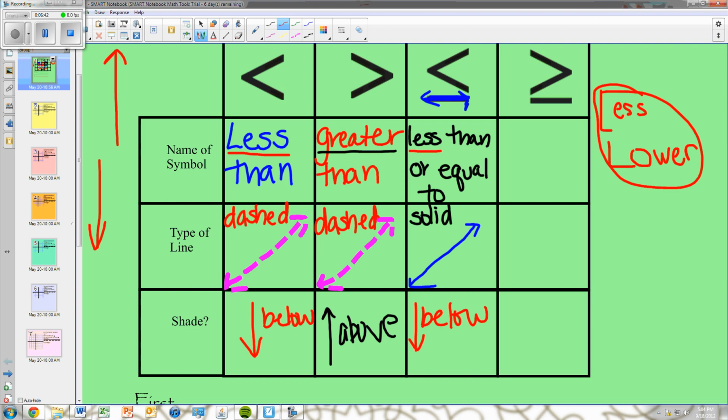Okay. And then we have our last symbol over here, and we're almost done. I think you can probably figure out that this one over here is going to be a greater than or equal to.